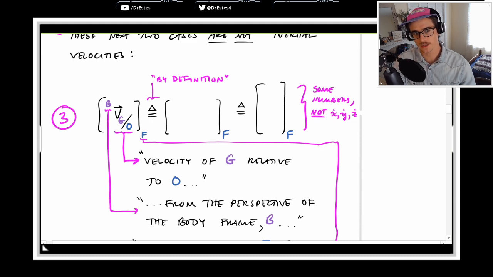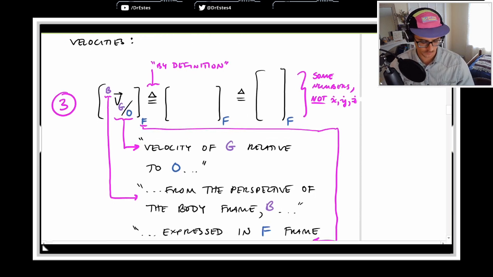Now I want to take back what I said earlier, that perspective of sitting on the plane, because what I described to you was the time derivative from the B frame, which is not the inertial velocity. Okay, let's play this out.